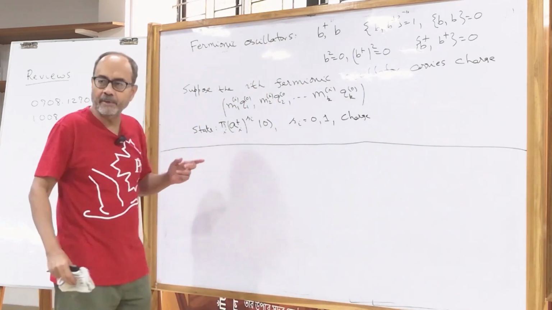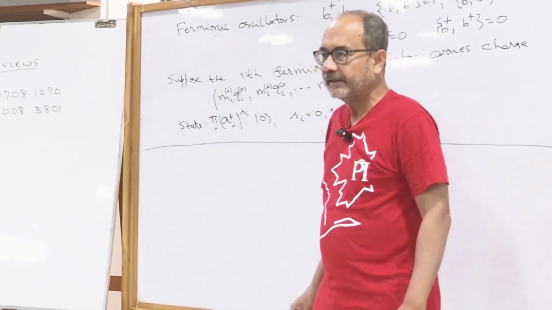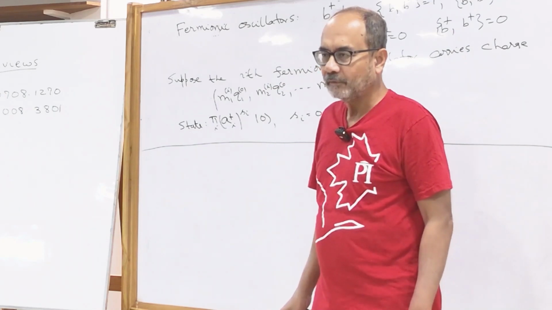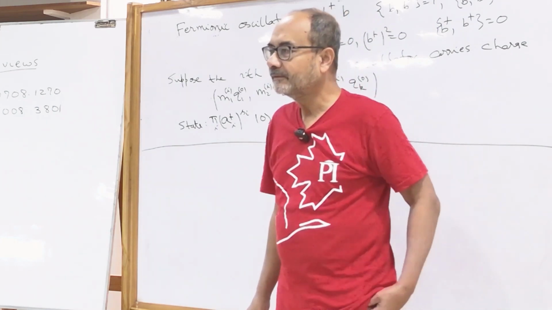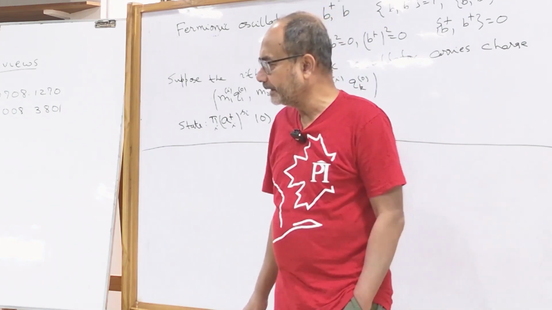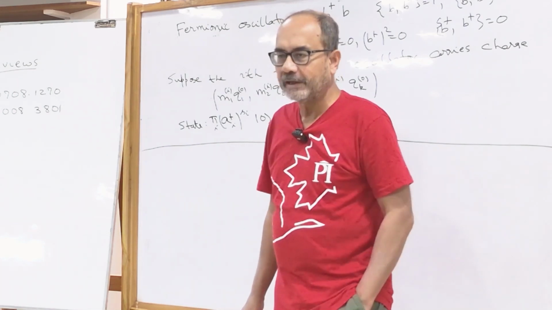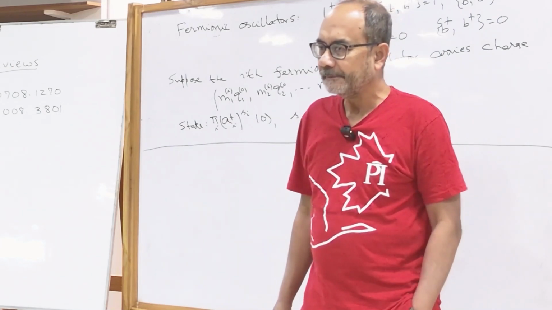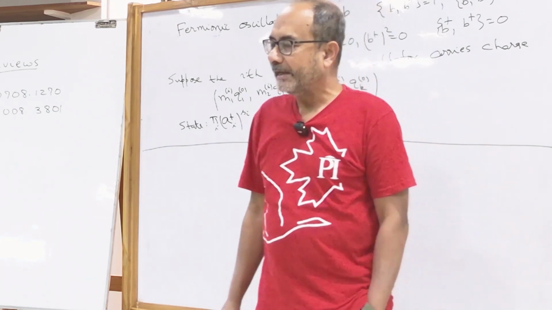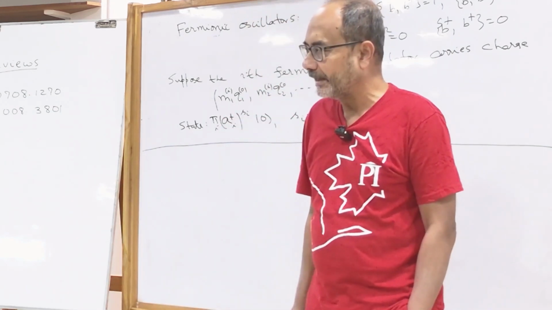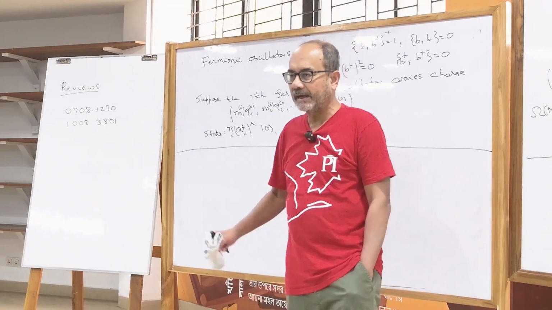Assume that the vacuum is bosonic. This information will be needed, so let's try to fix whether it's a fermionic or bosonic state. What kind of state will A_i dagger on the vacuum be?